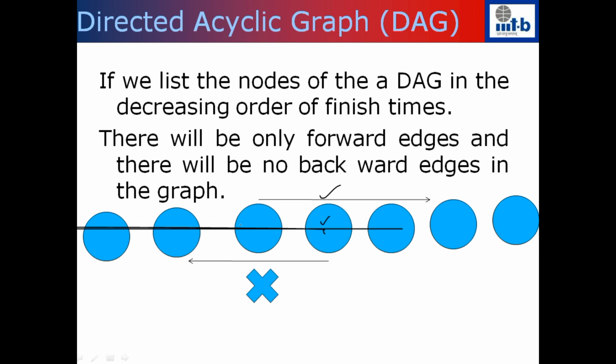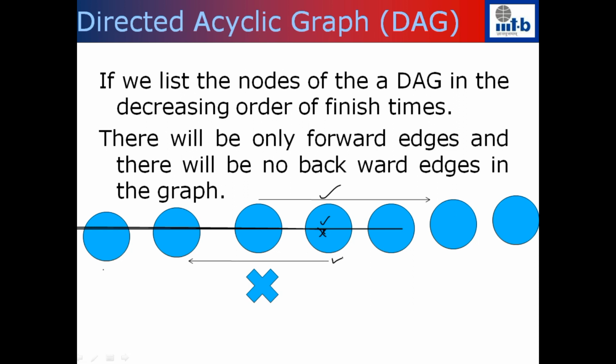You process the activities from left to right, so when you come to this node, all the activities on its left have been completed and all its dependencies are done. So you can complete this activity and go to the next one.